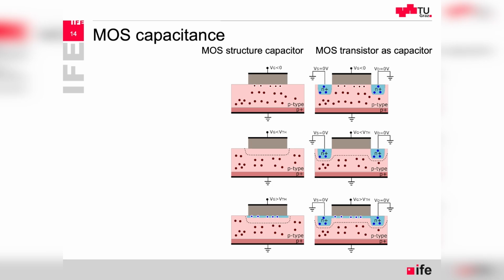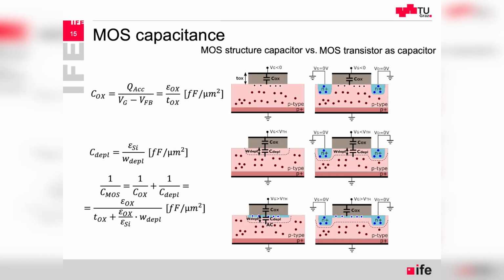Then as we approach the threshold voltage, the middle case is that we start creating the depletion region. And then above the threshold voltage, we have a channel under the gate. We have inversion. And what we can look at are equivalent capacitances that are related to the gate oxide and the depletion region. So in the accumulation region, we only have the oxide capacitance because there is no depletion yet.